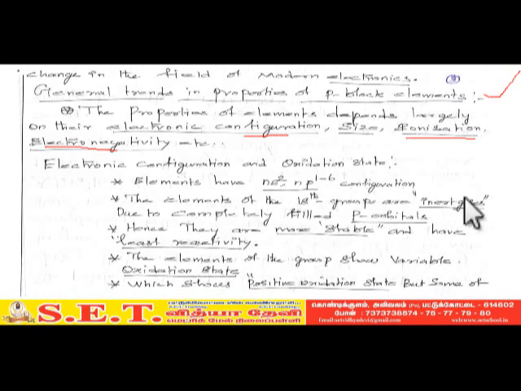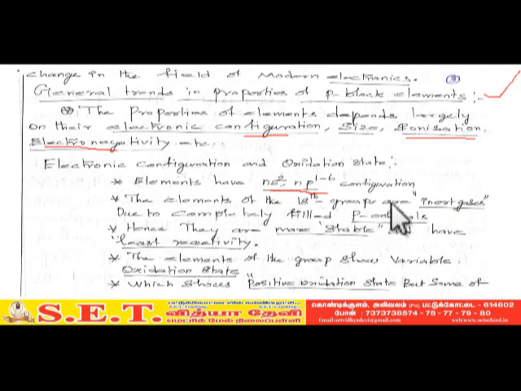And electronic configuration and oxidation state: the p block elements generally have the electronic configuration ns2 np1 to 6. The p orbital has the capacity of 6 electrons, so it has 1 to 6. If it is completely filled, it is stable.